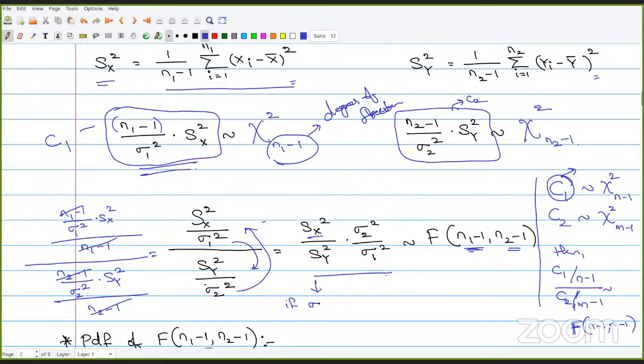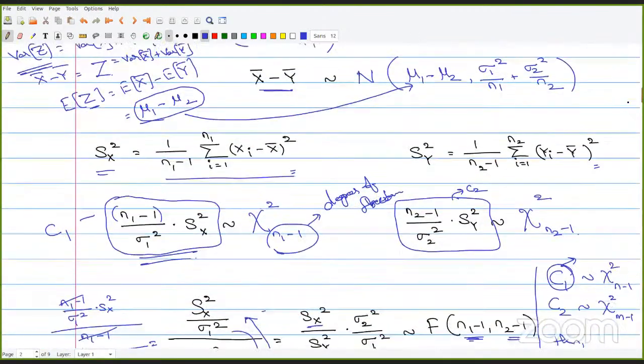If there is a subcase where sigma 1 is equal to sigma 2, then it is pretty straightforward that sx square by sy square follows F with n1 minus 1, n2 minus 1. What are sx square and sy square? The sample variance of the first distribution's samples and the sample variance of the second distribution's samples.